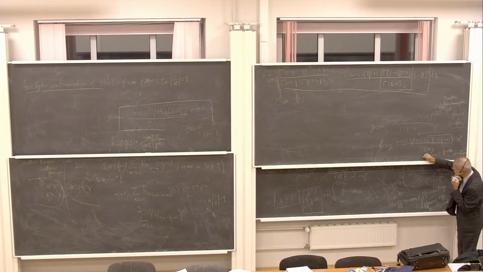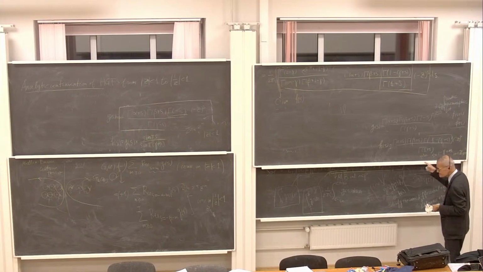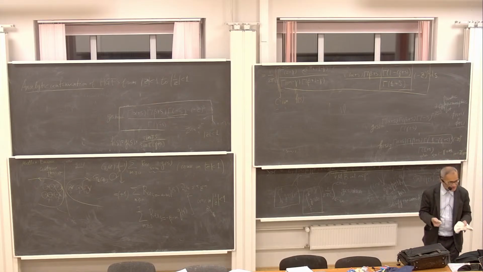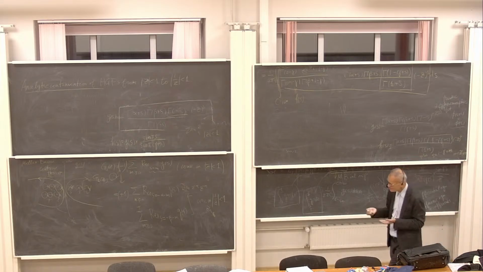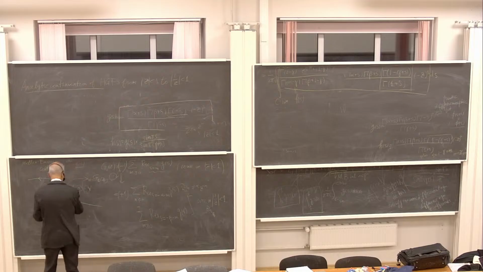So for simplicity, let us imagine that gamma is smaller than 1, some rational number, 1 over 2, 1 over 3, and so on. So the HS function has poles somewhere here.